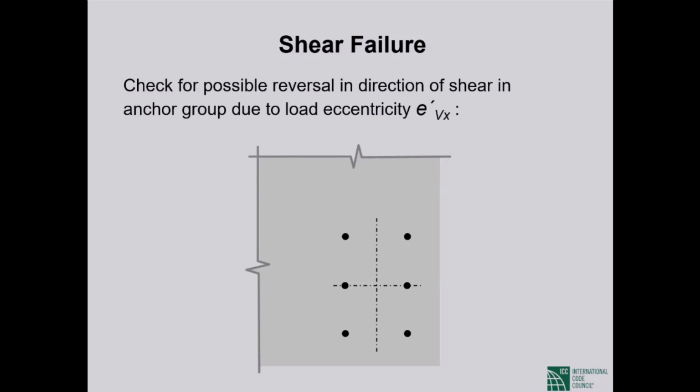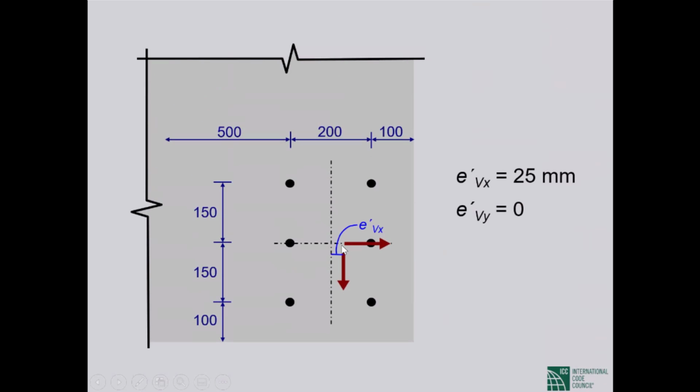So as in the other direction, we will have to check if any of the anchors in the group were under concentric compression.